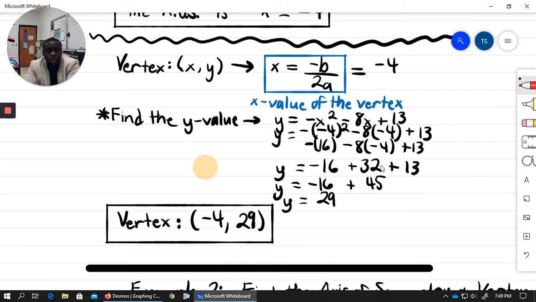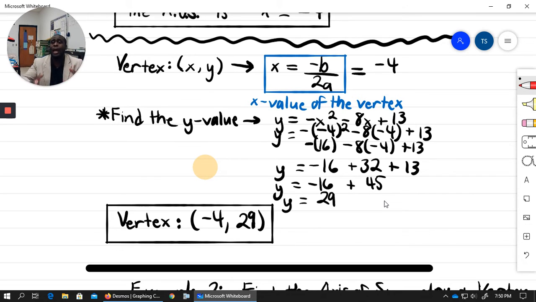And so for this particular part here, we're just adding, okay? And so when you do the 32 plus 13, that gives you 45. And then when you put in that negative 16 plus 45 gives you 29. So the y value, when we plug in this x value of negative 4, the y value is 29.